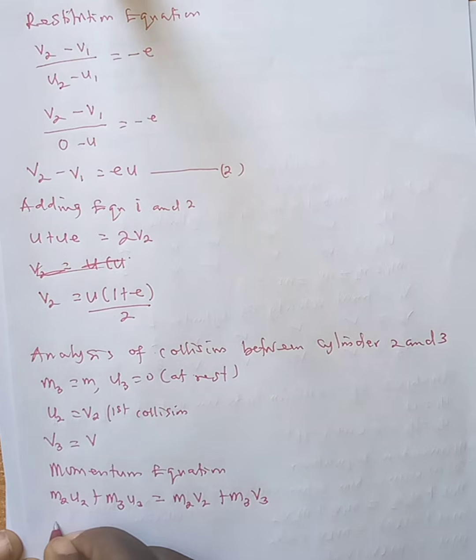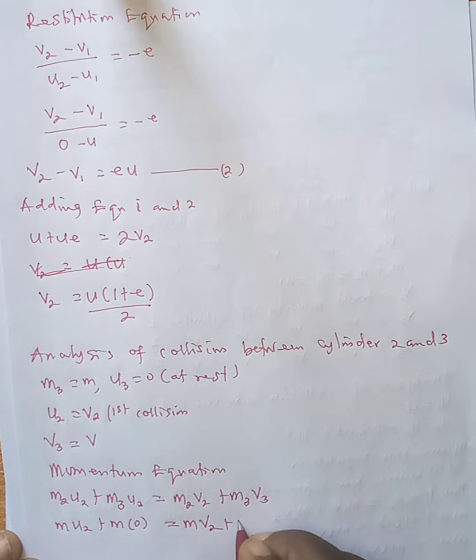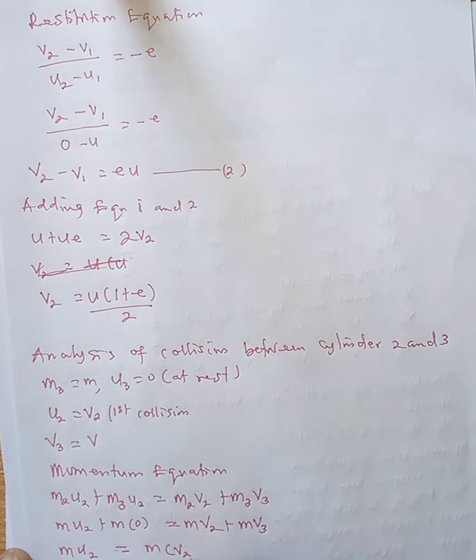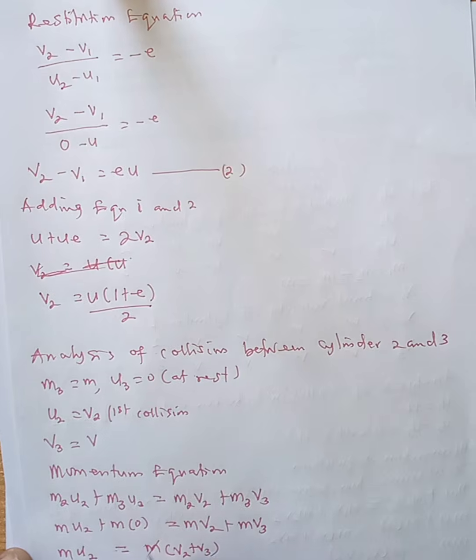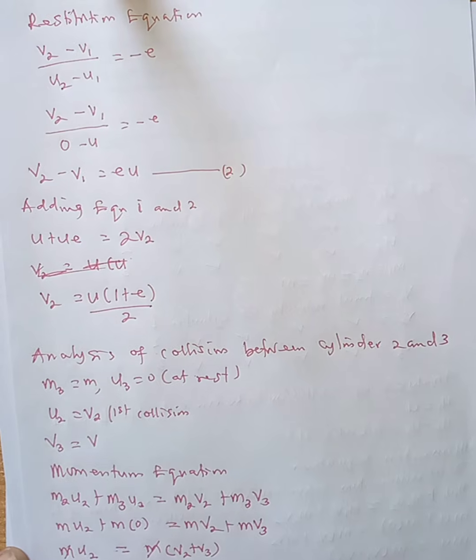Then we know that m2 is m, m3 is also m, and our u3 is 0. Then m u2 is equal to m v2 plus m v3. Then from here we have m u2 is equal to m into v2 plus v3. This cancels this.